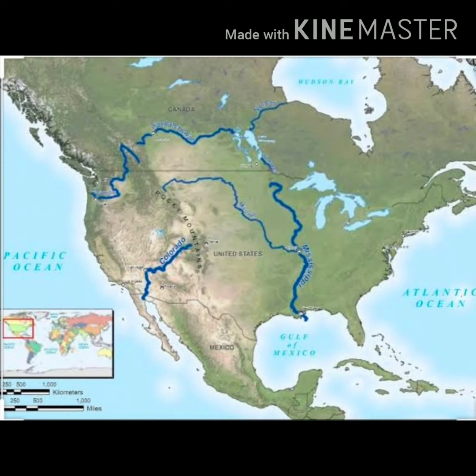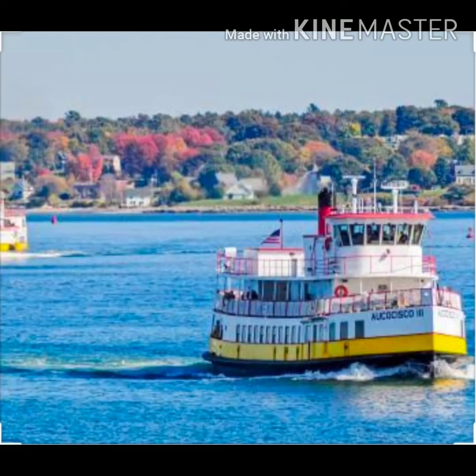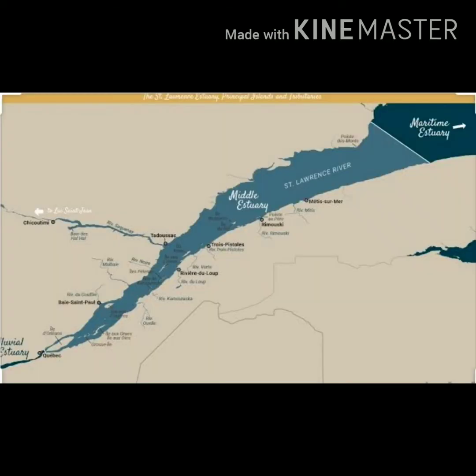This river provides the basis for the commercial seaways as it drains into the Gulf of St. Lawrence or Atlantic Ocean. It forms the estuary which helps big ships enter the middle of the continent. What do you understand by estuary?